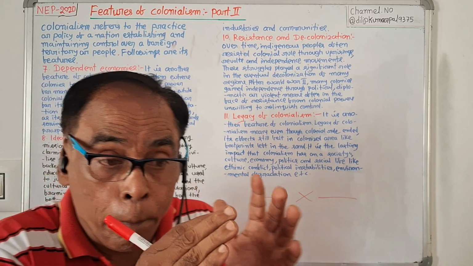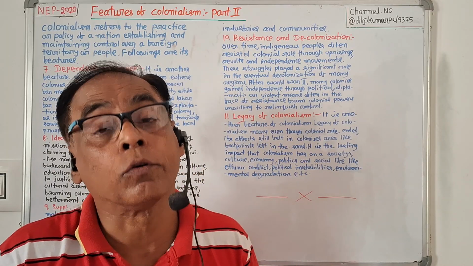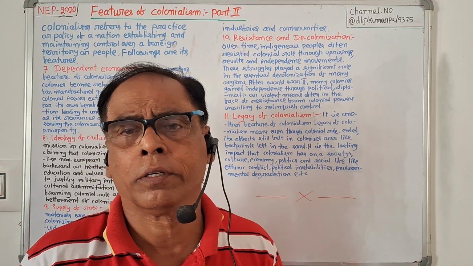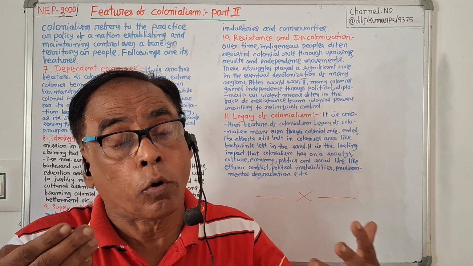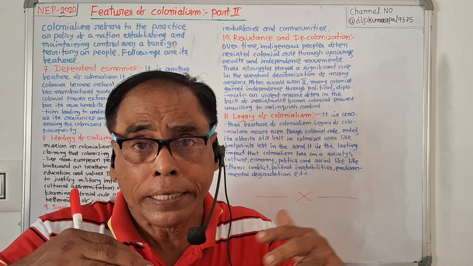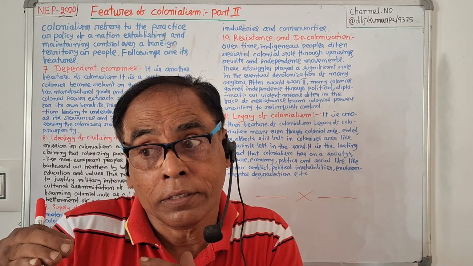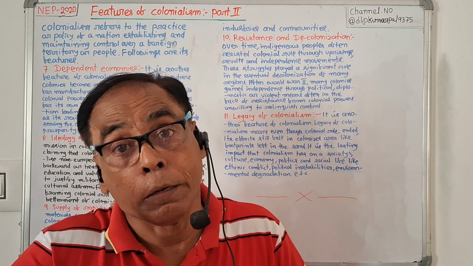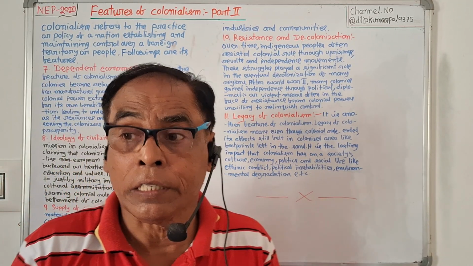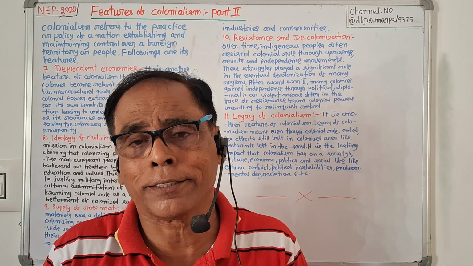It means when people of colonies became aware that they were being exploited by the colonial power, they revolted. When people of colonies revolted, many colonies became independent from the colonial power. After getting independence, there were some impacts of colonial rule in the colonies. So when colonial countries gave independence, what were the results?